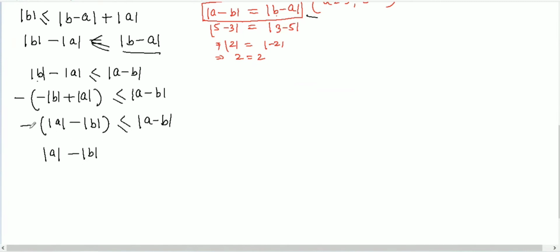If you bring the minus to this side and there is an inequality sign, not an equal sign, then with an equal sign it will not make a difference. But with a less than or equal to or greater than or equal to sign, if you bring the minus across, the sign will change. So this sign will become greater than or equal to, and then absolute value of A minus absolute value of B over minus 1.